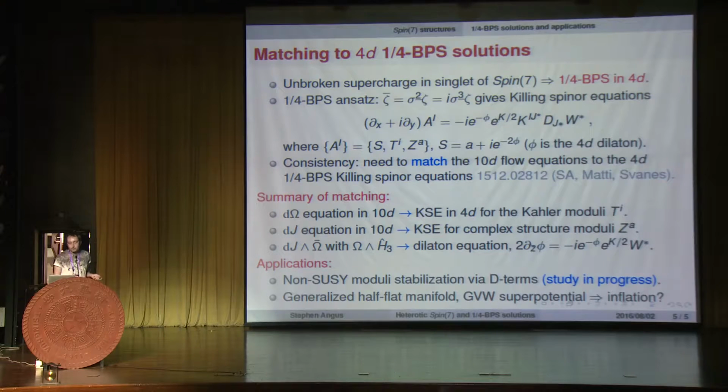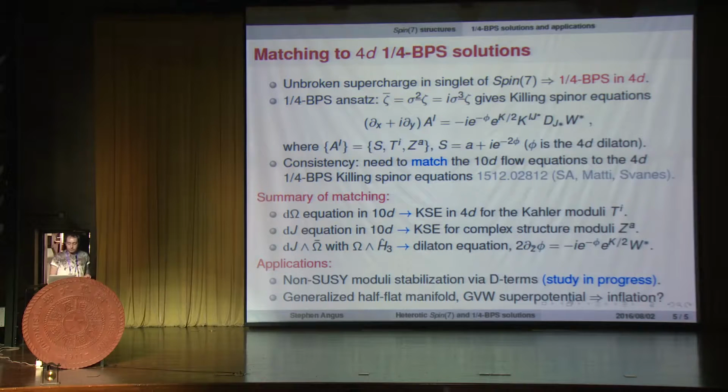Since there's one unbroken supercharge in the singlet of Spin(7), we take a guess that this could be a quarter BPS solution in 4D. So we make a quarter BPS ansatz for the Killing spinors and get a Killing spinor equation of the form shown on the screen. Here the A's correspond to the axio-dilaton, as well as the Kähler moduli and complex structure moduli.